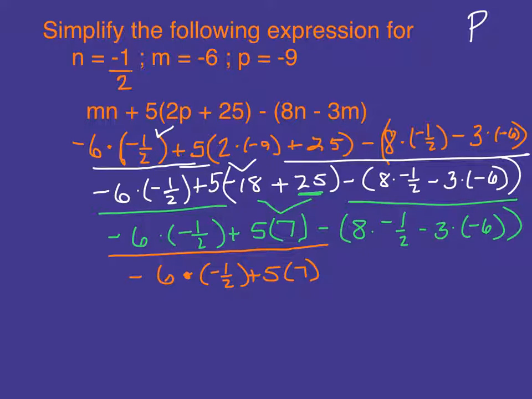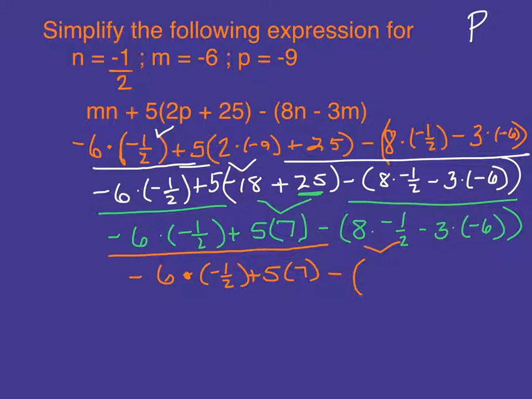Don't forget when there's a number next to parentheses, it does mean to multiply. So the first thing I'm doing here is this 8 times negative 1/2. Now, when I multiply something times 1/2, it's really just the same as finding half of the number. So I don't need to necessarily go through all the steps here if I'm aware of the fact that dividing by 2 is the same as multiplying by 1/2.